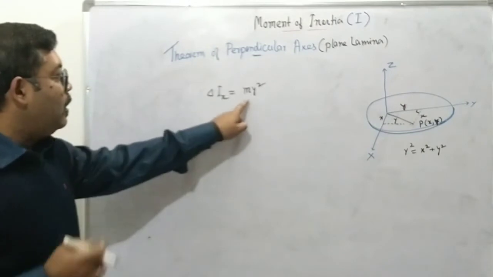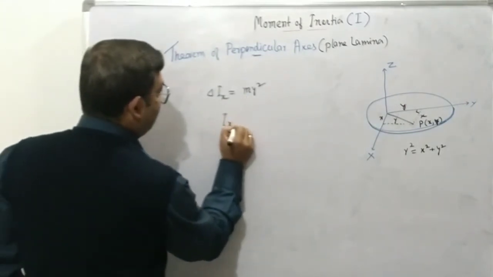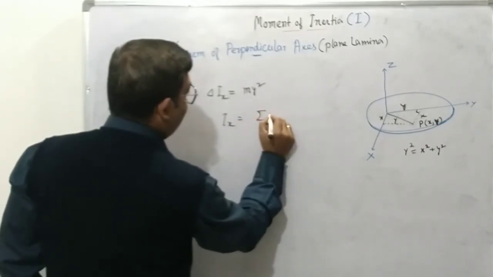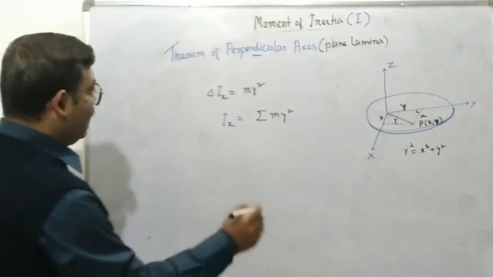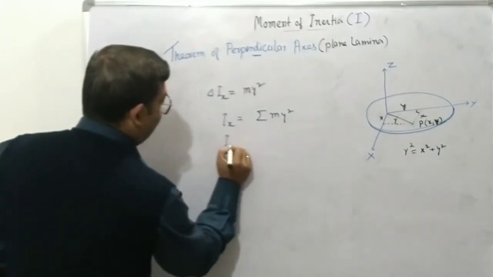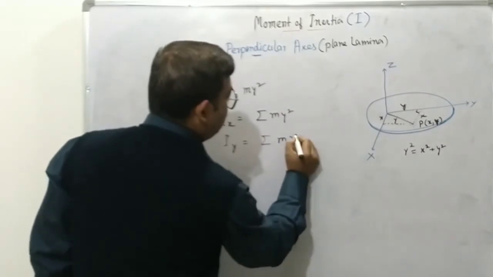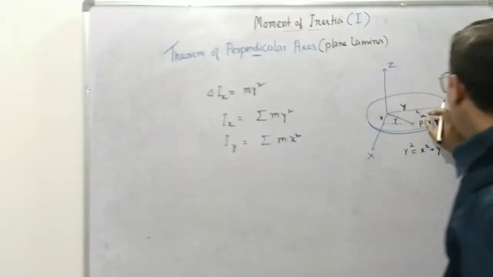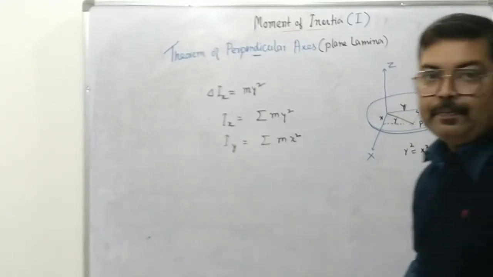That is for the particle. For the entire body, Ix will be the summation of m y squared. Similarly, the moment of inertia about the y-axis will be the summation of m x squared, because the distance of point P from the y-axis is given by this line, which is x.